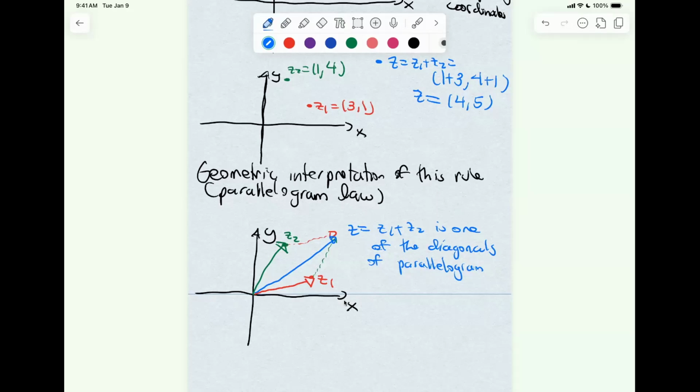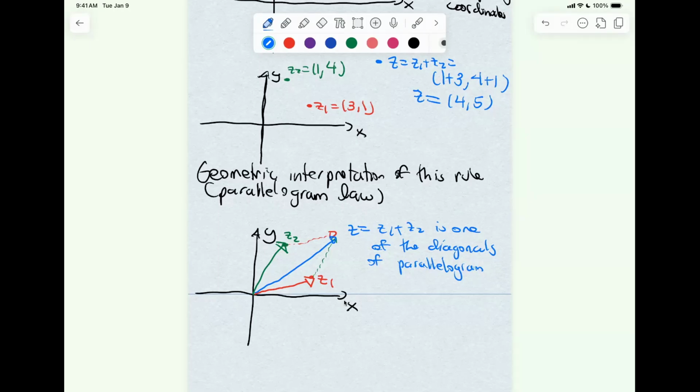So for example, in 3 dimensions, for those who are interested, you can add points in 3 dimensions just by adding their coordinates, but you cannot in general take the square root of a point in 3 dimensions. But this can be done in 2 dimensions, in complex numbers, on the plane.